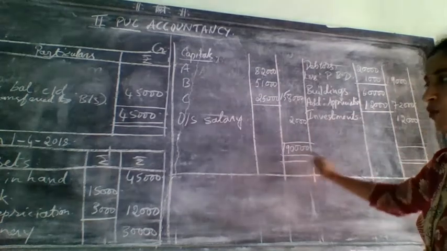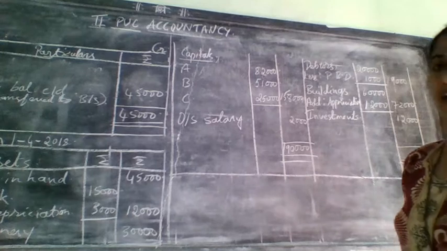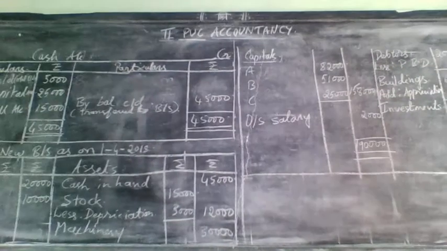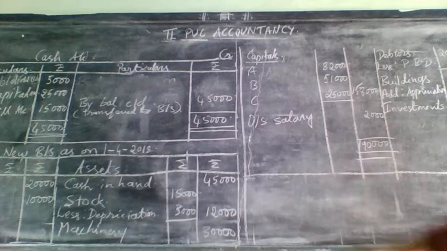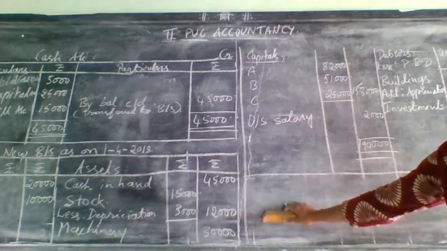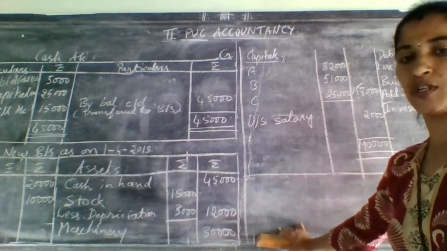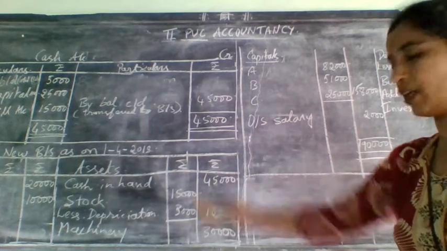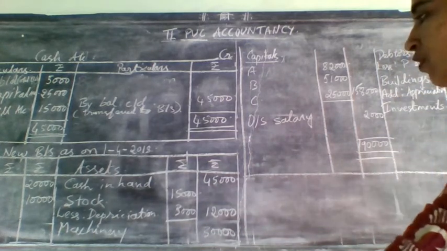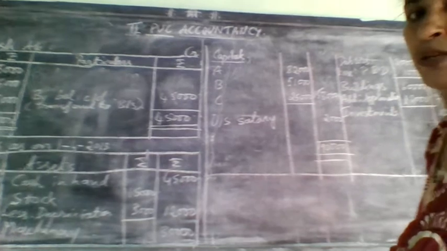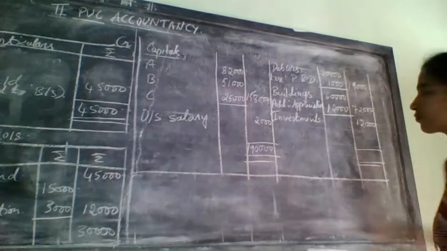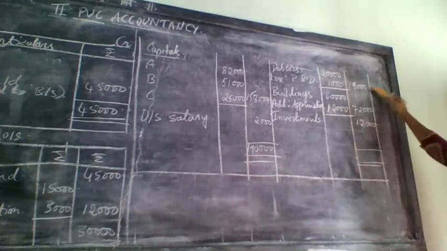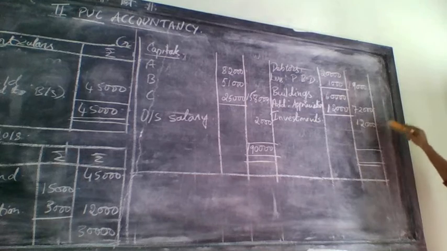Now let us come to the asset side. Take your calculator and add. Cash in hand 45,000 plus 12,000 plus 30,000. 45, 12, 30. Don't take the inner column total. 45, 12 plus 30, then plus 19 plus 72 plus 12,000.